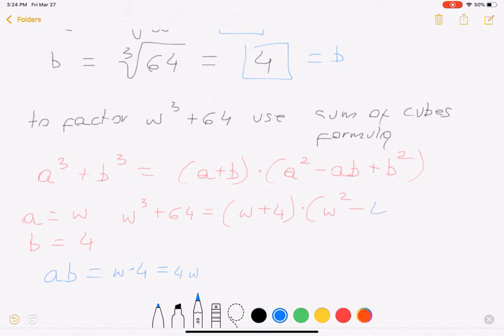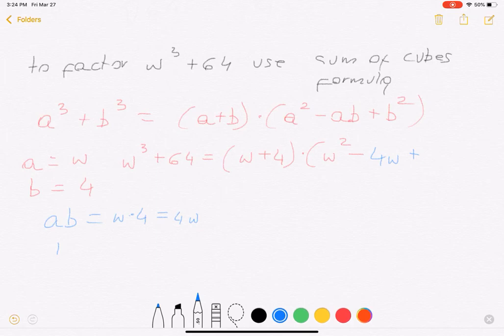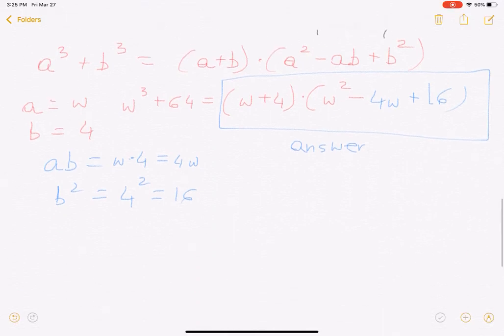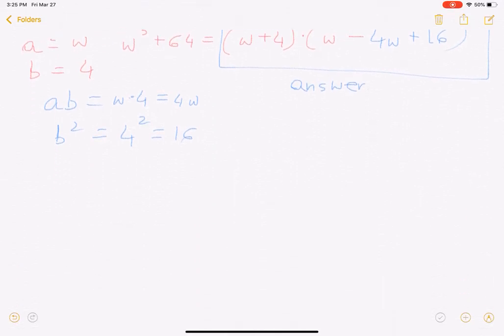So minus 4w plus b squared. B squared is just 4 to a second power, which is 16. Okay, and we factor. That's our final answer. Okay, let's do example B.